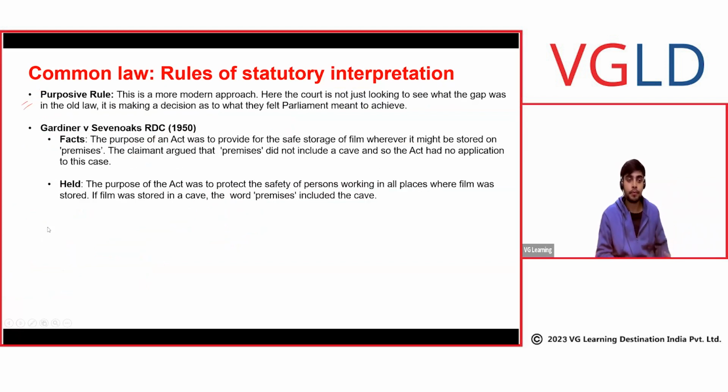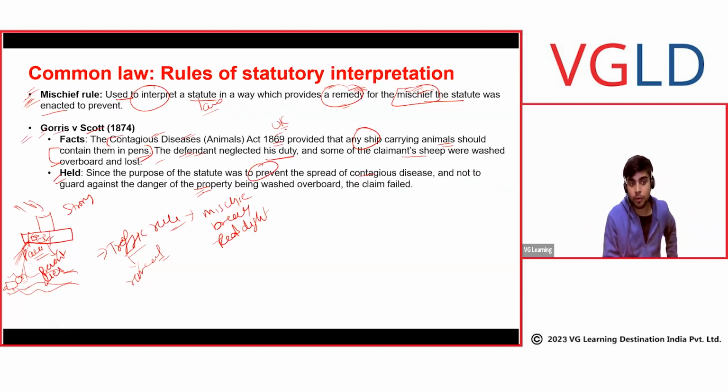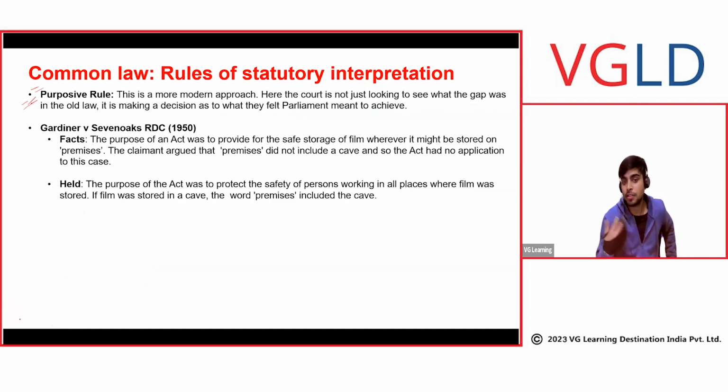Yes, okay. Purposive rule: basically the purposive rule asks what was the purpose of the law. It's similar to the mischief rule, like what was the purpose of the rule. I think in your BPP book this mischief is the same. Let me just quickly check.